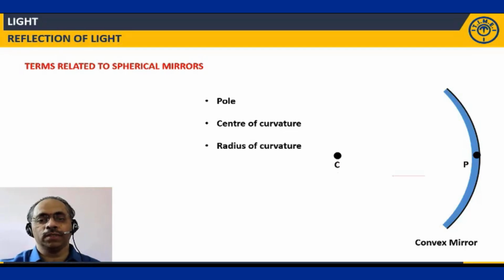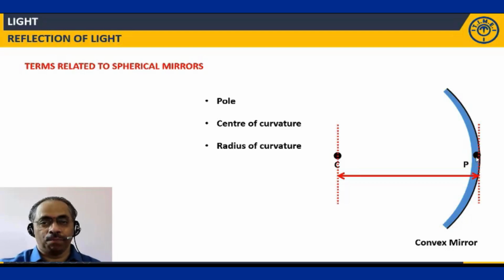Here I am showing the radius of curvature from C to P, where P is the pole, the geometric center of the mirror. Radius of curvature is not restricted only to C to P, but from C to any point on the mirror. Clear?